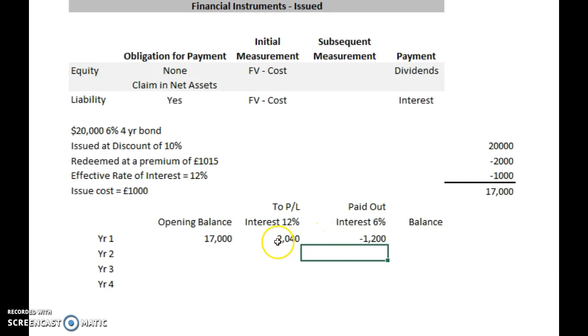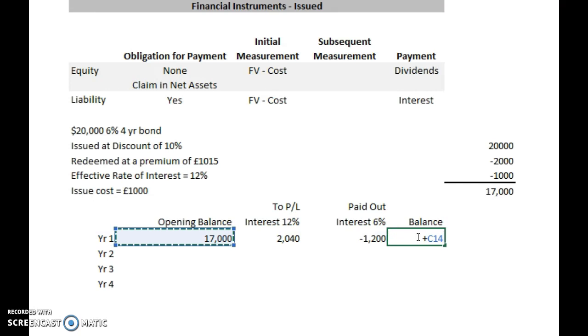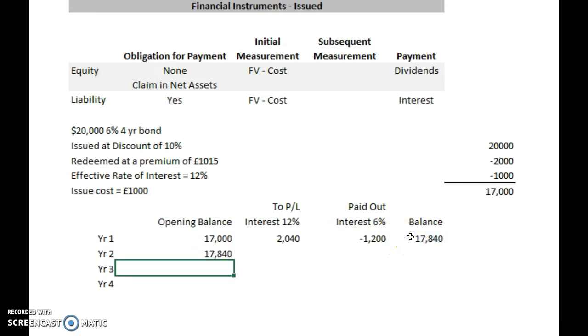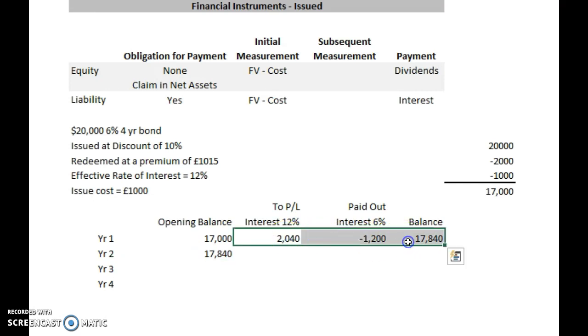So obviously we're paying back less than the interest, so we'll notice that the balance is going to increase every year. So we just add that up. And there we go, that's the first year balance. Started off at 17,000, increased by the interest amount of 2,040, paid out 1,200, giving a balance of 17,840.